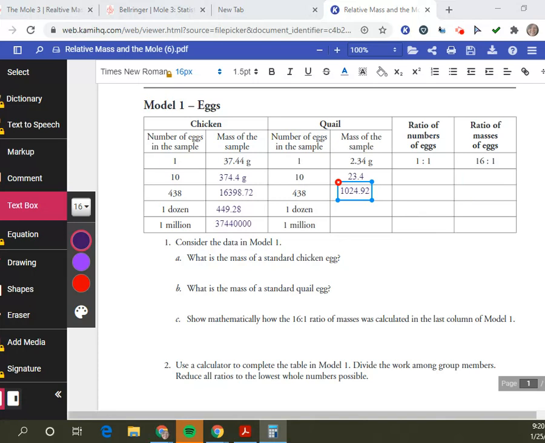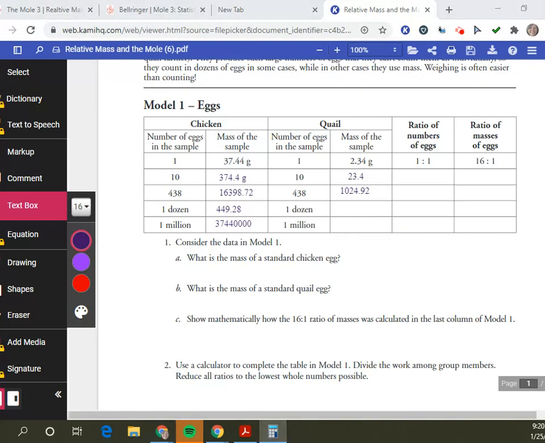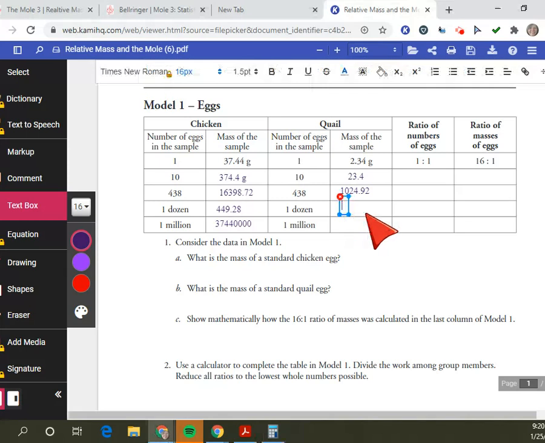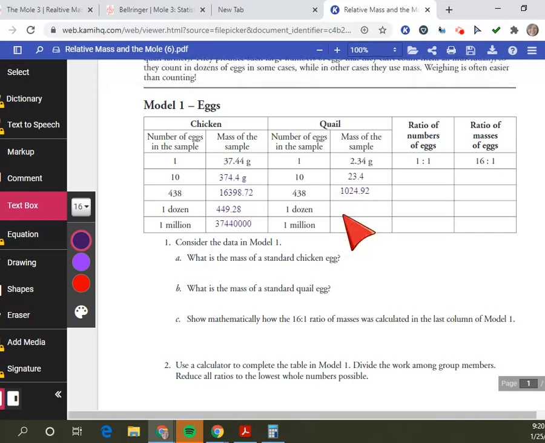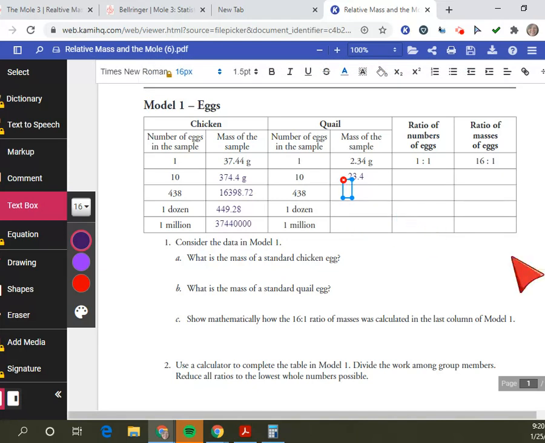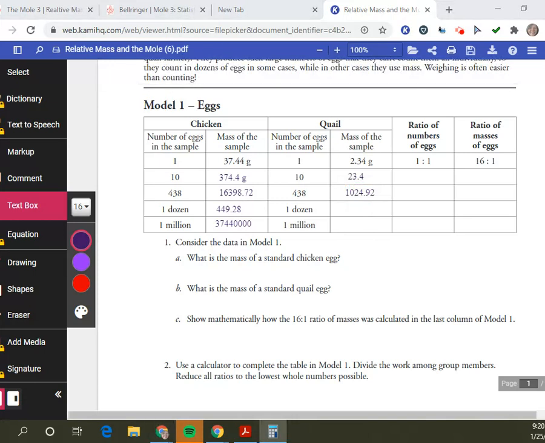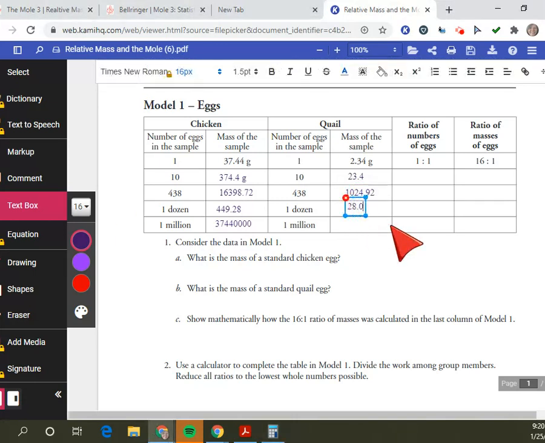And that's right. 2.34 times 12 is 28.08. And we'd have 2,340,000. Okay.